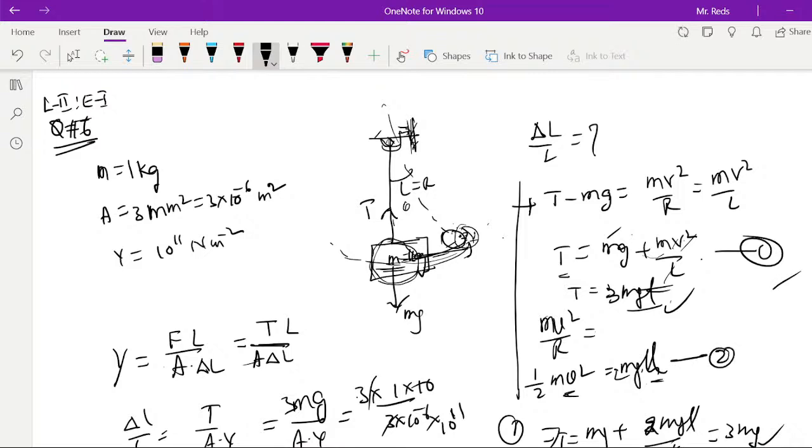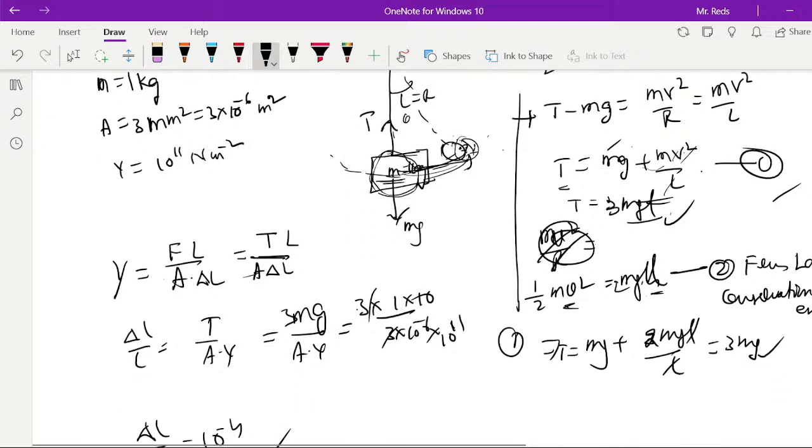From the law of conservation of energy, m v square will be 2 mgl, here l cancels, and we will get 3 mg. So T is equal to 3 mg. If you substitute this into equation 3, then you can come out with this.